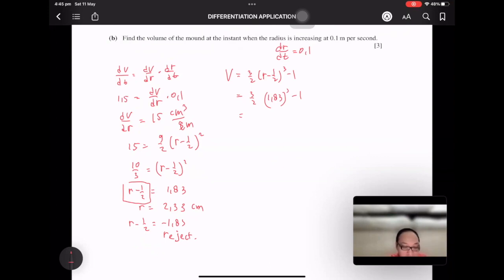So it's 10 over 3, and then you square root it, and then you cube it, times 3 over 2, minus 1. So the volume is 8.13 centimeter cube.